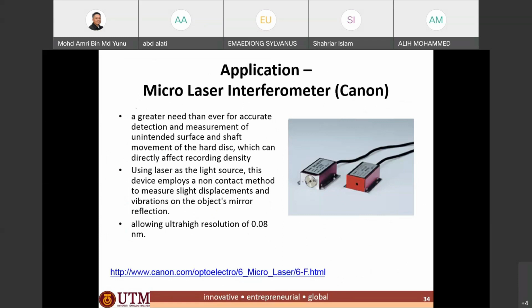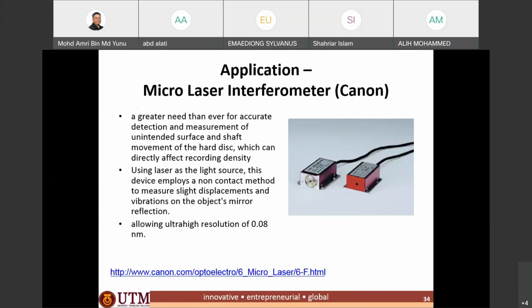So this is used for accurate detection of movement of a surface, like a hard disk.